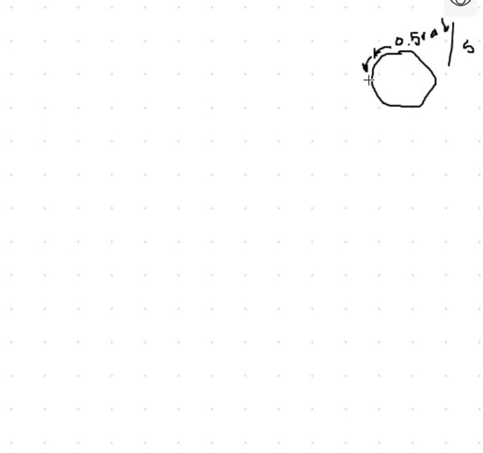Then let's imagine once it gets to this point here, after 2 seconds, it increases its speed. And now it's covering 1 radian per second. So all of a sudden, it's going a little bit farther each second than it was previously.